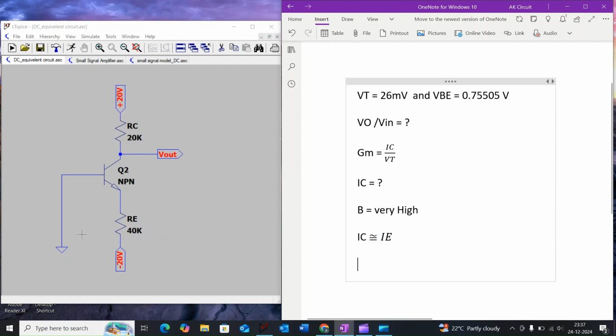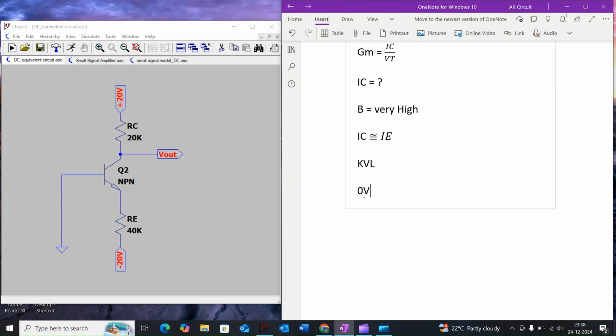To find the emitter current, we need to apply the KVL rule in this loop. So as per KVL rule, 0 volt minus VBE, base to emitter voltage, minus emitter voltage, minus of minus 20 volt, is equal to 0.